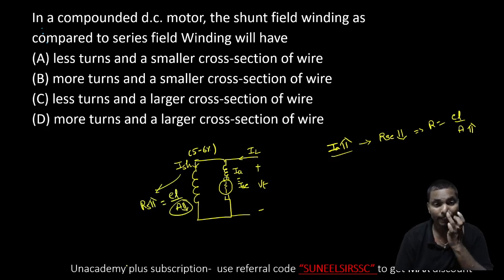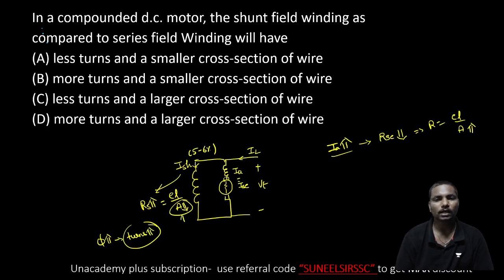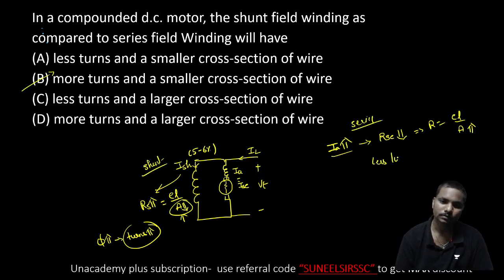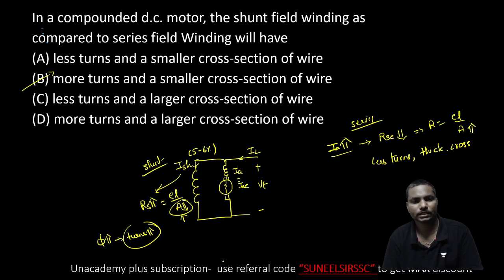Also to get more flux, turns will be more. So more turns are required to get more flux, and smaller cross section area. Here the series field winding has less turns and thick cross section. Okay, this is in case of compound motor.